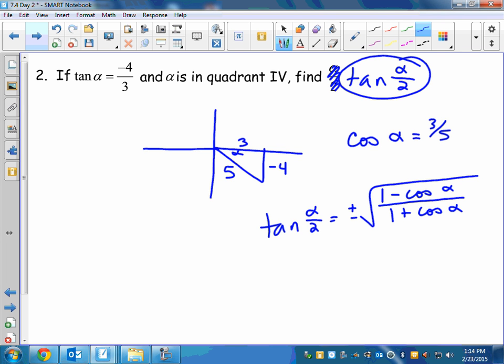Sorry. There's just other formulas in your book. Remember how cosine of 2 theta, they gave you 3 formulas? There's 3 formulas for tangent of alpha over 2. So I was trying to see where they were getting that from. But let's see if we can get the answer from this, and then if not, we'll see maybe why we should use the other formula they gave me, I guess.